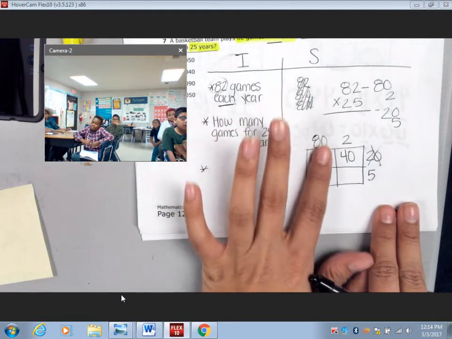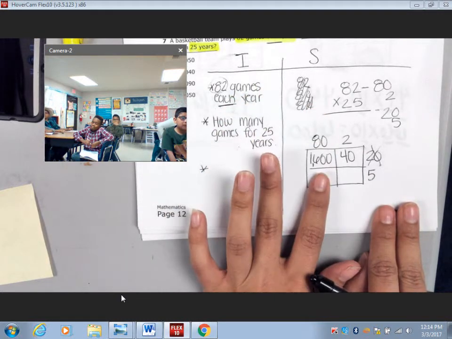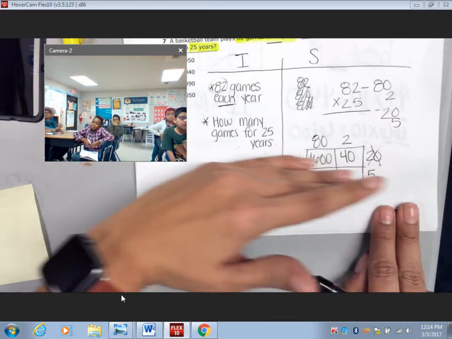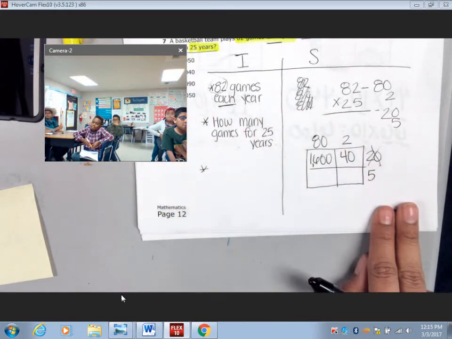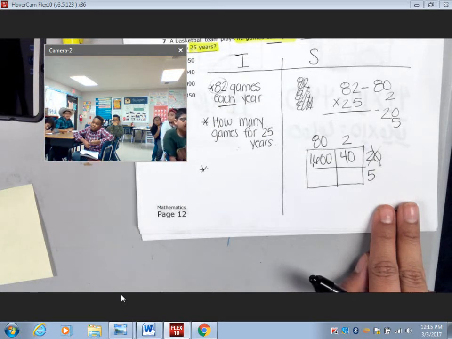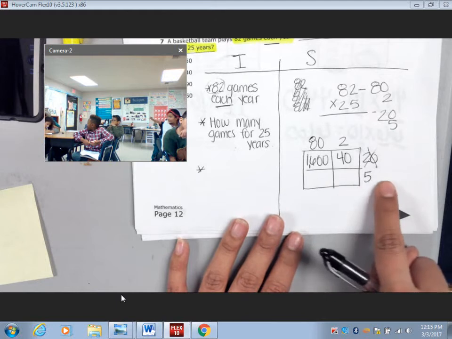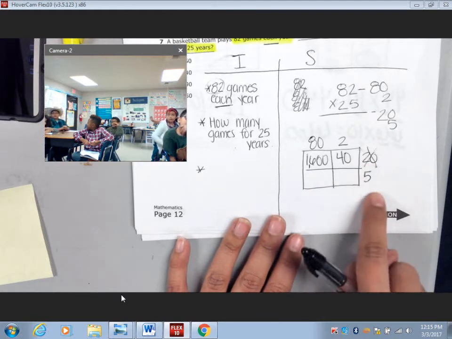Remember that when we multiply on this side, it's with this one. When we multiply on this side, we're multiplying with the 2. And when we're on the bottom, we're multiplying now with the bottom number. 80 times... We're on the bottom now, on the bottom 2 squares. So we have to multiply with the... 8 times 5. Very good.